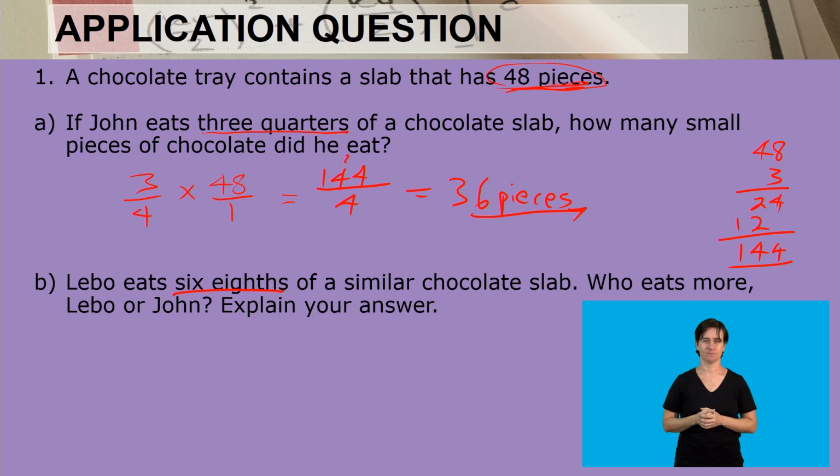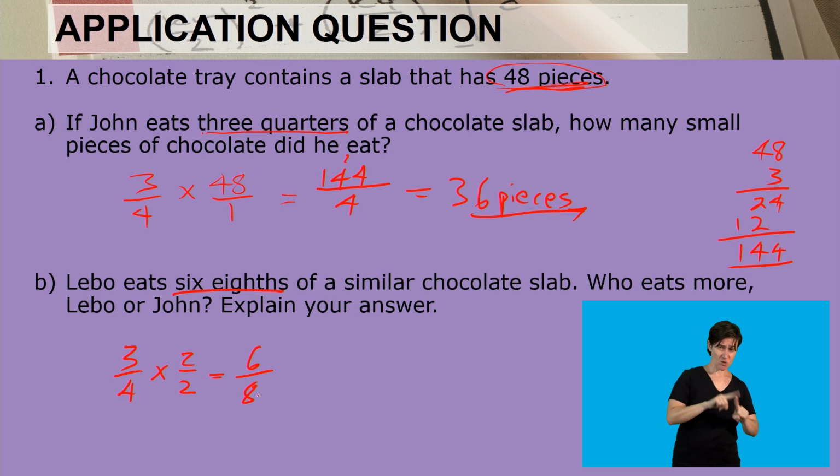Let's look at the two fractions, 3/4 and 6/8. Look at them and let's look at the relation between the two. 3/4, if we multiply by 2 halves, that represents 1, which means the fraction remains the same. 3 multiplied by 2 would give us 6. 4 multiplied by 2 would give us 8.